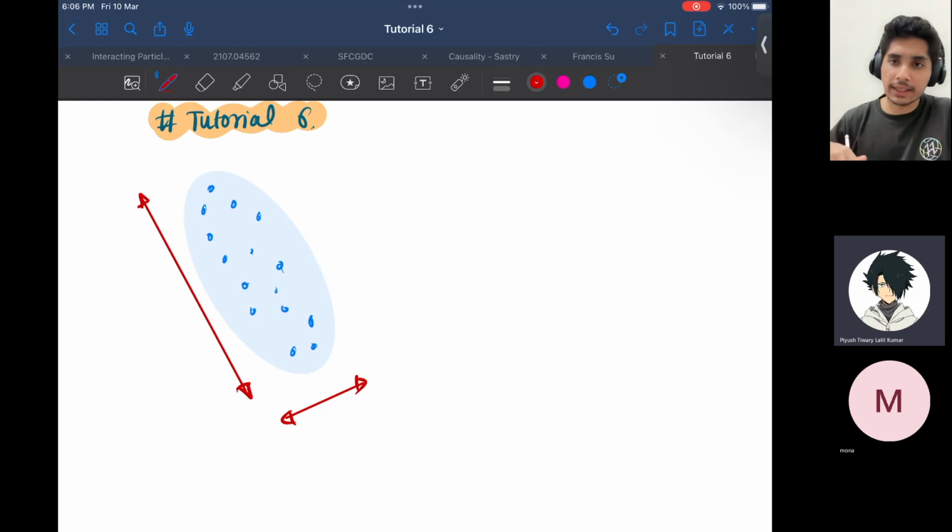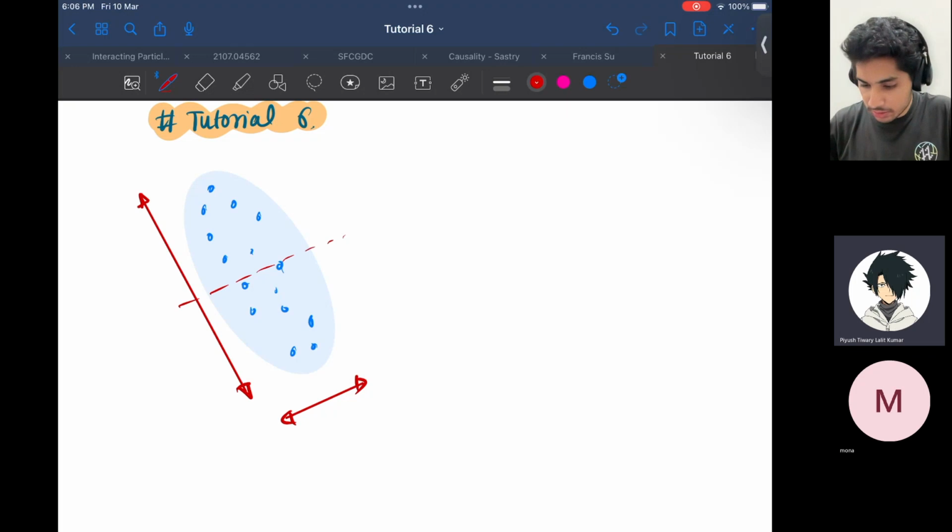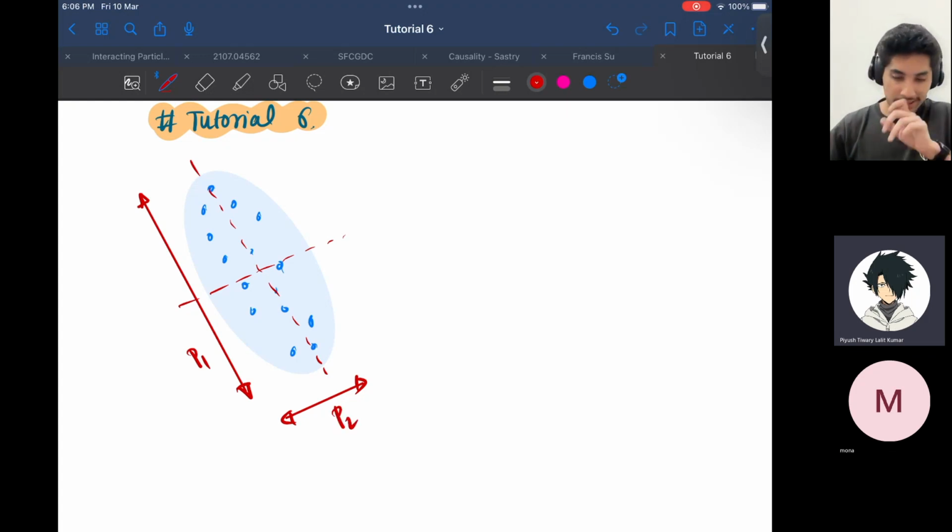If you do PCA and calculate the eigenvectors, you would be able to see that the first principal component would be this particular direction, P1, and P2 will be the second principal component, right? So this is in 2D, in R2.